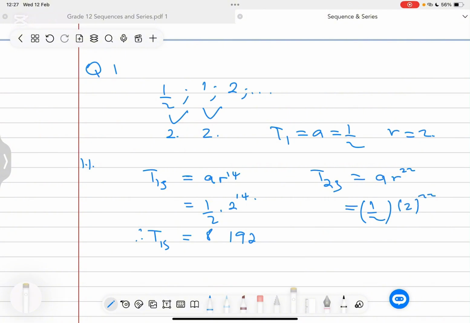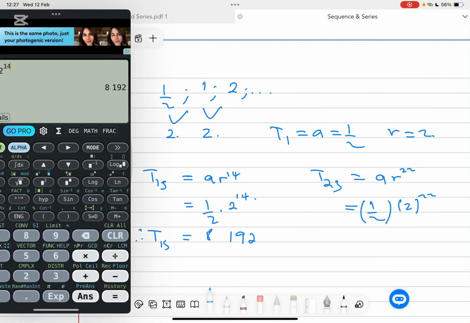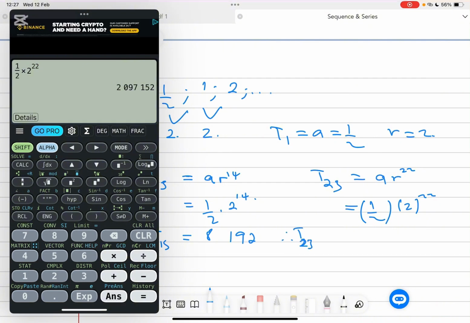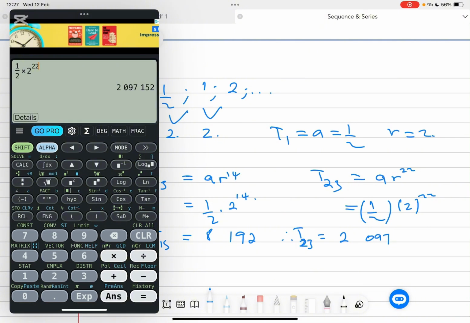Remember, my R, the common ratio, is 2, and the first term A is 1 over 2. Again, this becomes a very boring question because you can simply punch your calculator to find the answer. And this says to us that the 23rd term is 2,097,152.